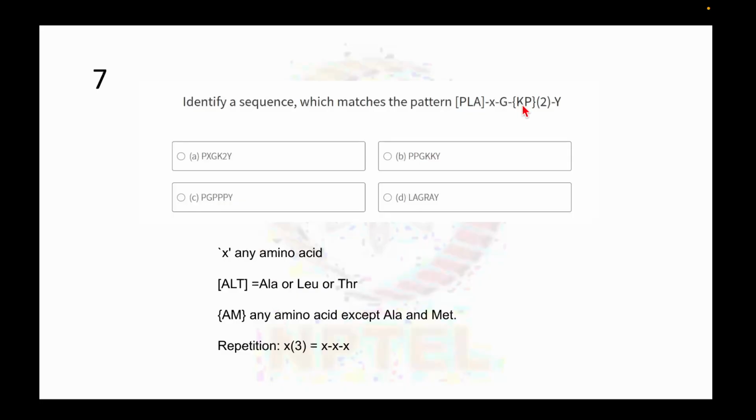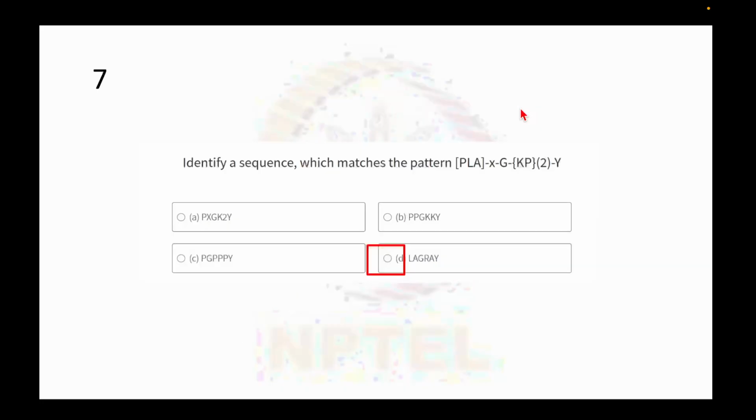So the condition before it is that the current position shouldn't hold K or P. So in the two positions this condition should be valid. So the answer is D, because in the first position either P, L, or A has to be there, and all the options satisfy this. The next position is any amino acid, so that should be possible. In the first we have X, and there is no amino acid with the name X, so option A has been ruled out. So we have the other three options B, C, D satisfying.